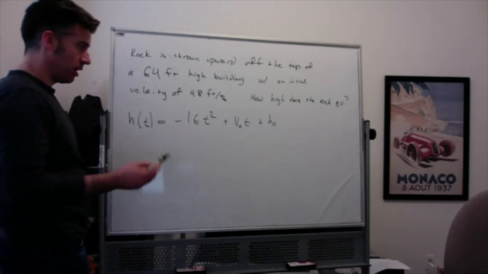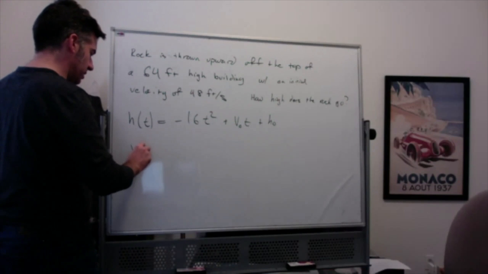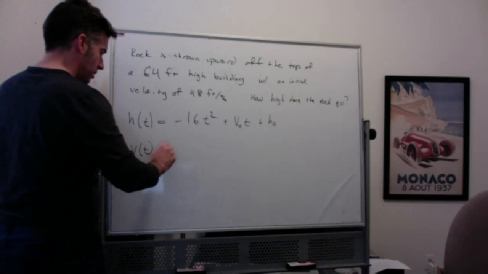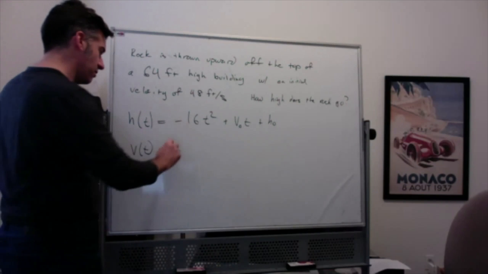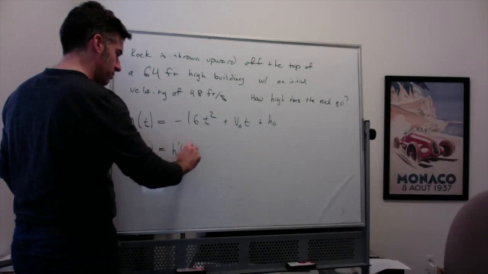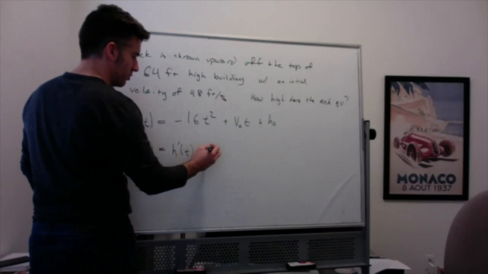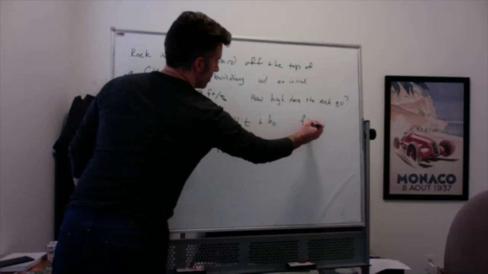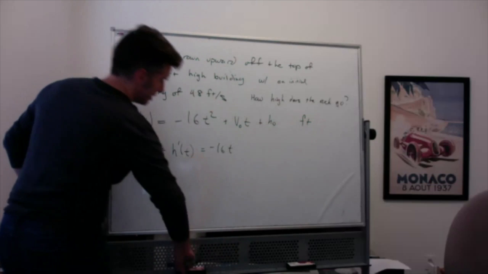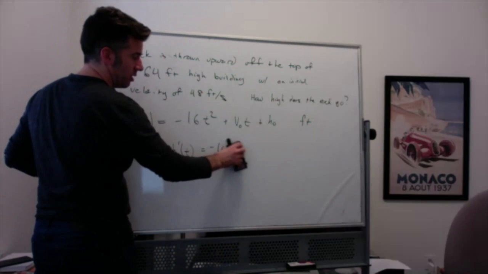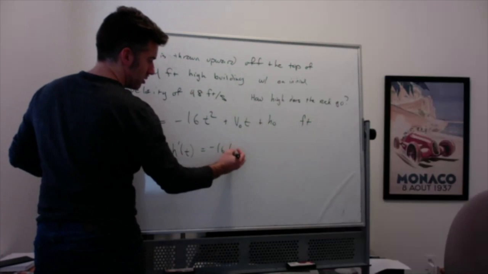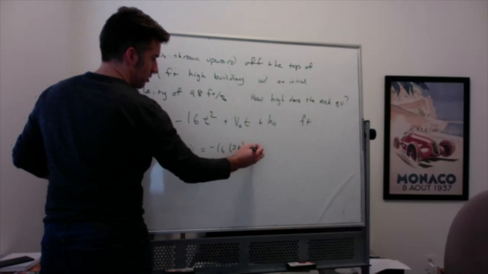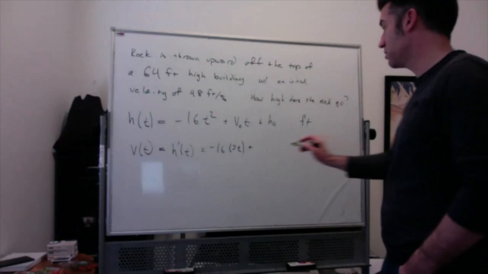And then I will also point out that the velocity at time t is equal to the derivative of the position function, which is negative 16 times 2t, apologies, plus the derivative of v naught t, which is just v naught.